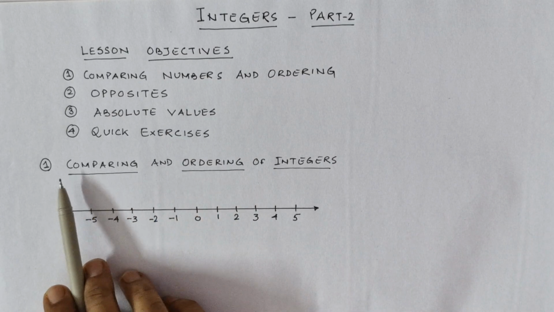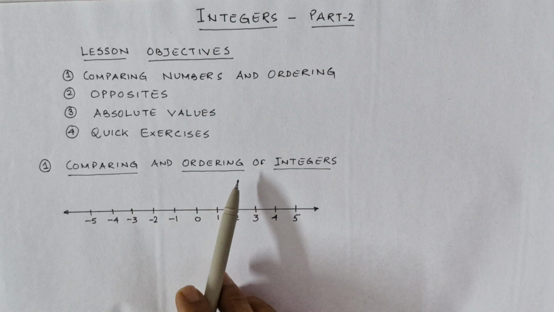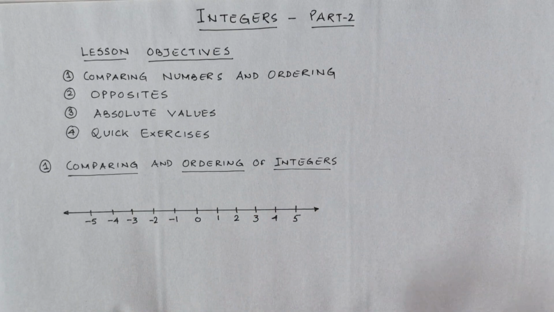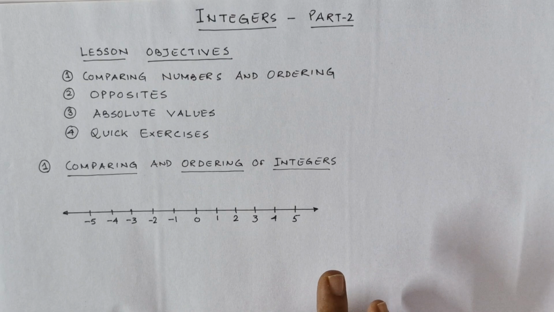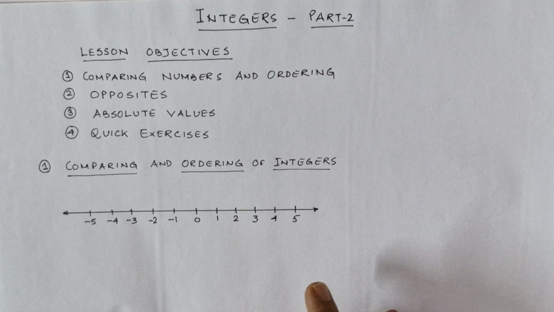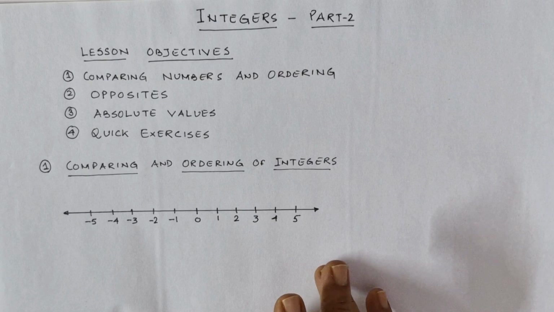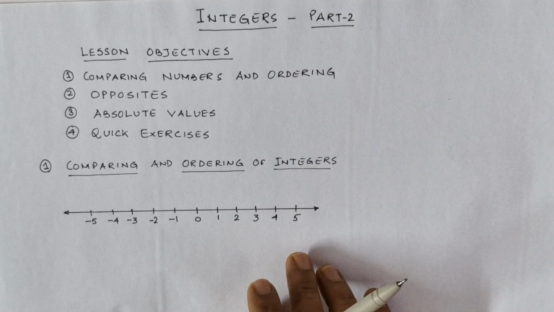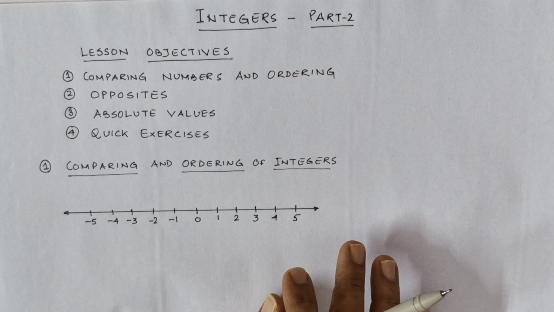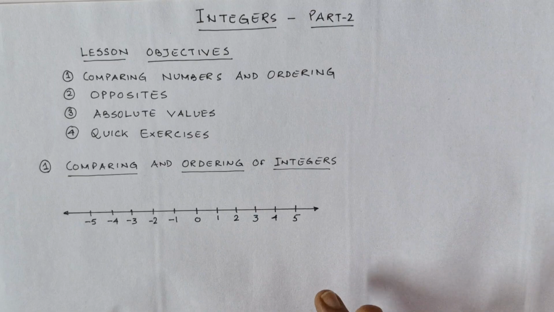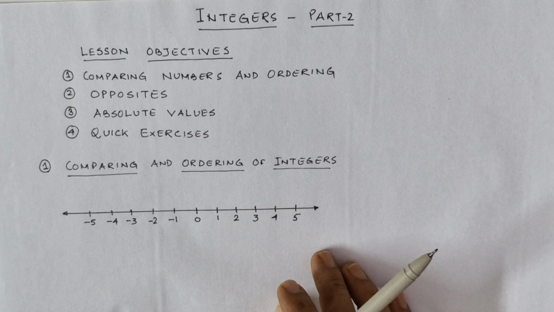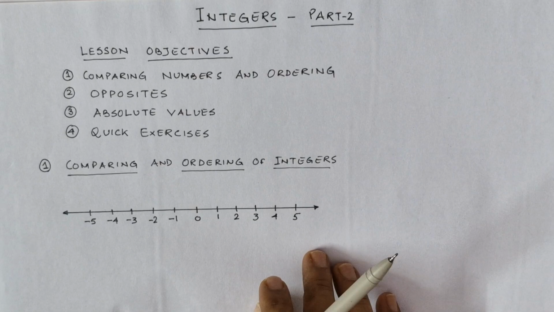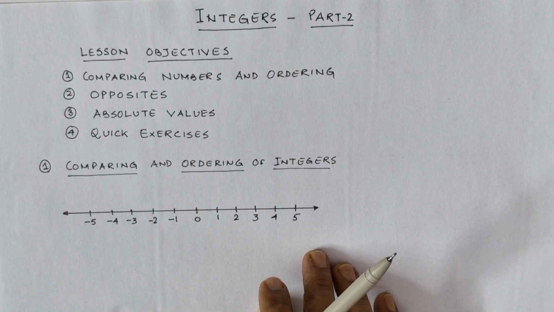So this is the first one, comparing and ordering of integers. Now remember students, in the earlier lecture we defined integers and learned about them. They are a combination of positive numbers, negative numbers and 0. We have also seen a few real life examples, and we have also learned about representing integers on a number line.